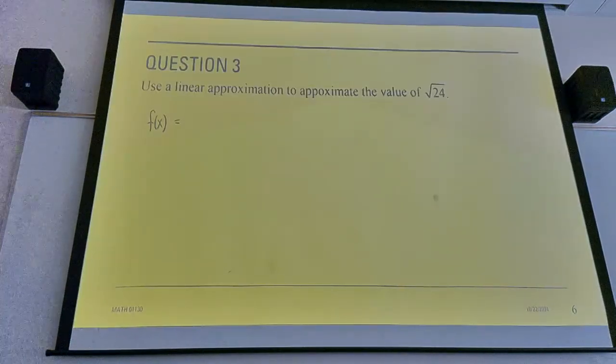Technically, yes, but that's not how I'm going to write it. Square root function. And what should our A be?